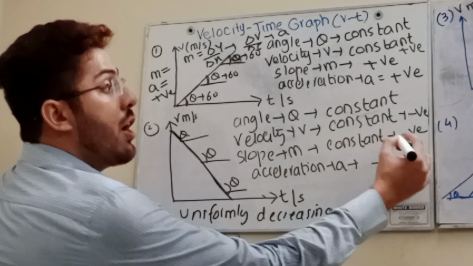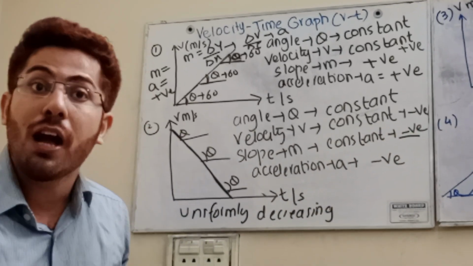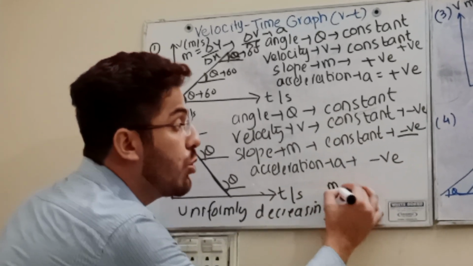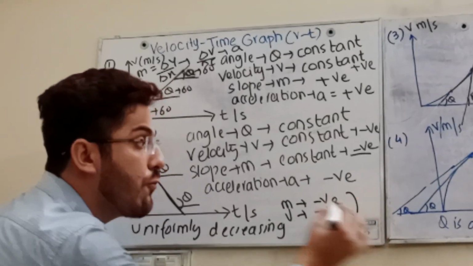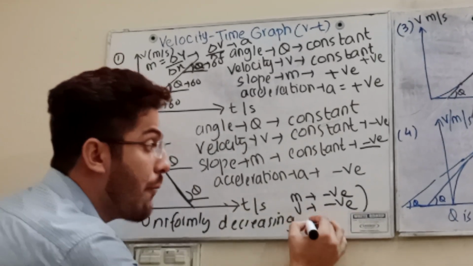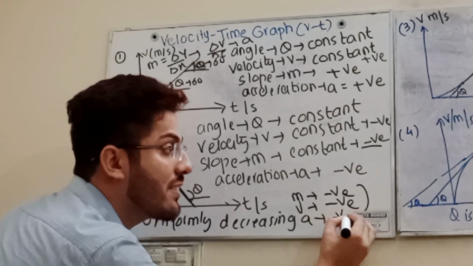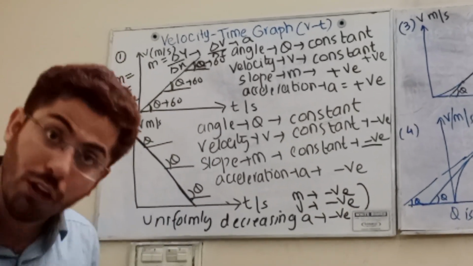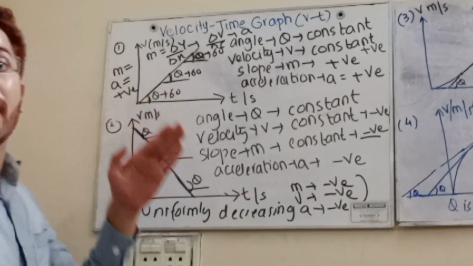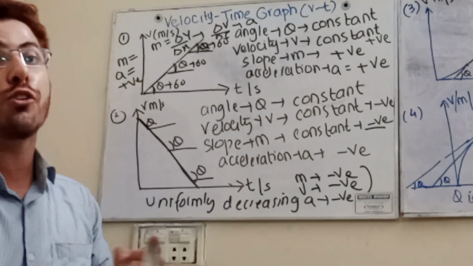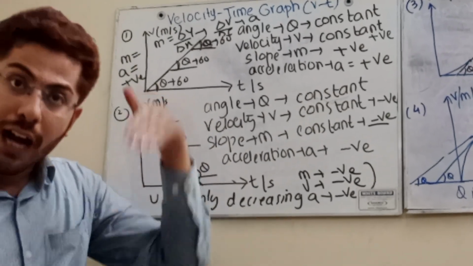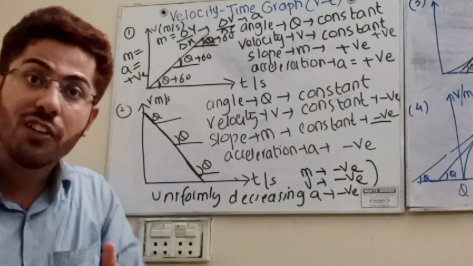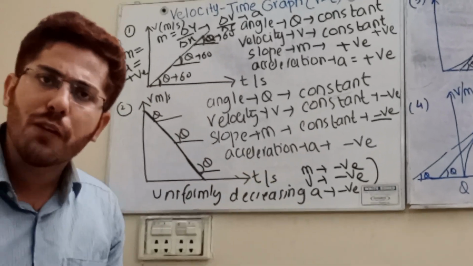If you are getting the slope negative, definitely the answer will be negative, and if you got the two answers negative, of course acceleration will also be negative. Okay, so once you see the graph is going up, angle of theta is not changing in a positive way, definitely positive. If the graph angle is not changing in a decreasing way, definitely you will get the negative answer.